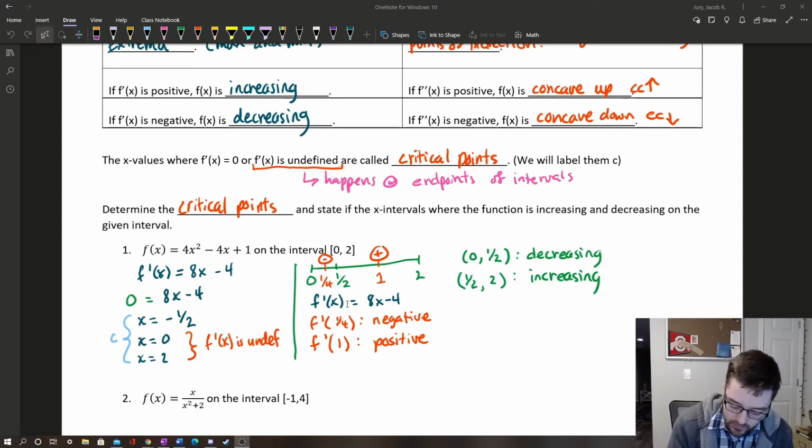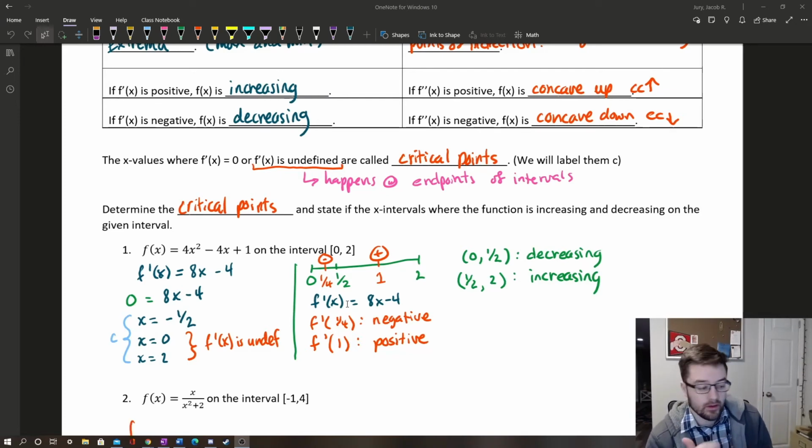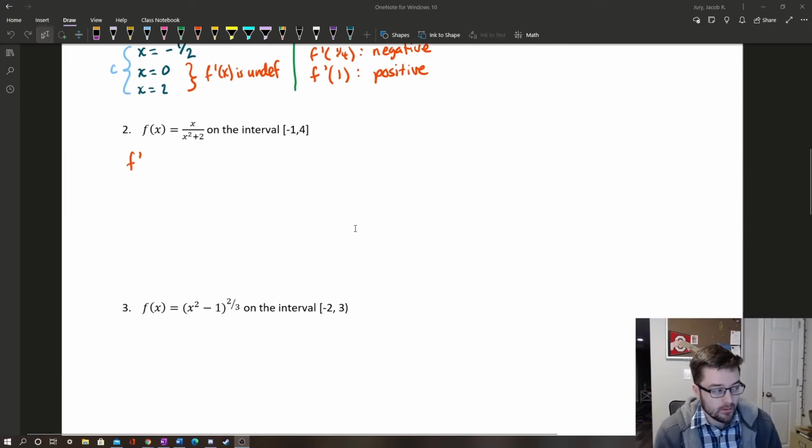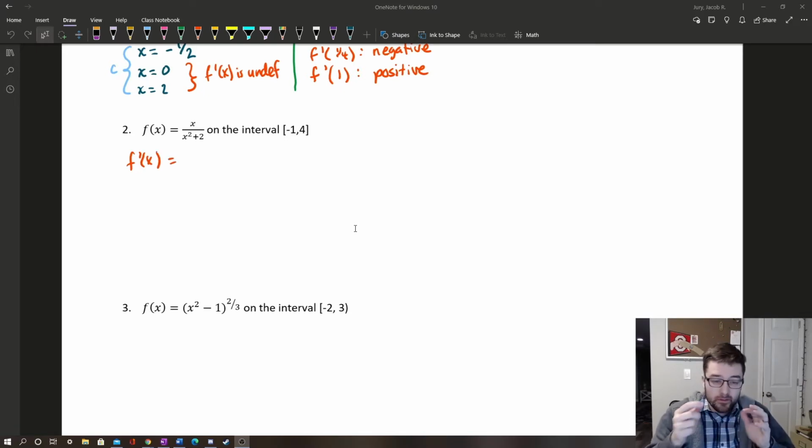So on number 2, f prime of x is going to have to be done with the quotient rule. We could rewrite this one so we could use the product rule and move everything in the denominator up to the numerator, but we'd still have to use the product rule.